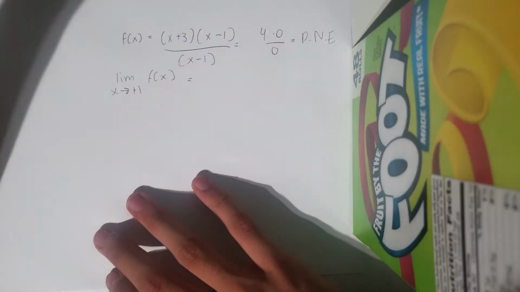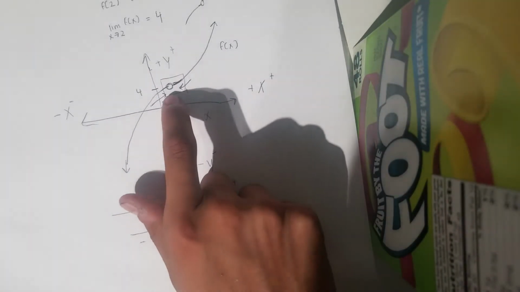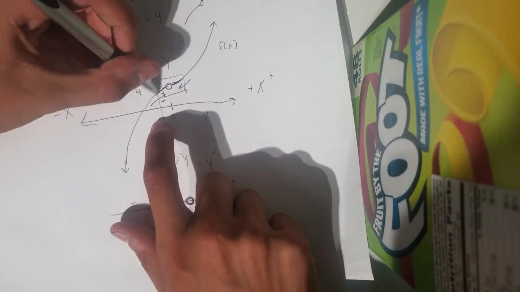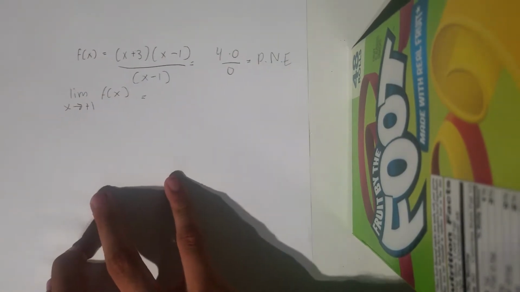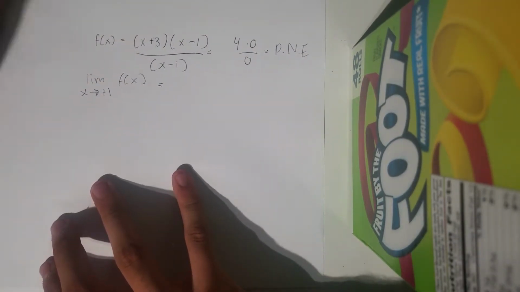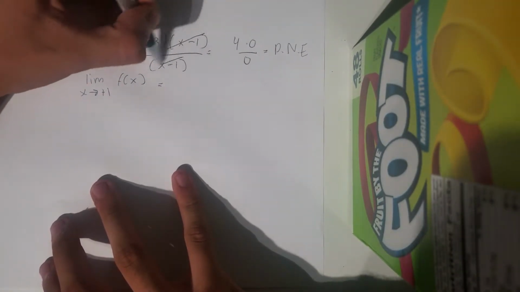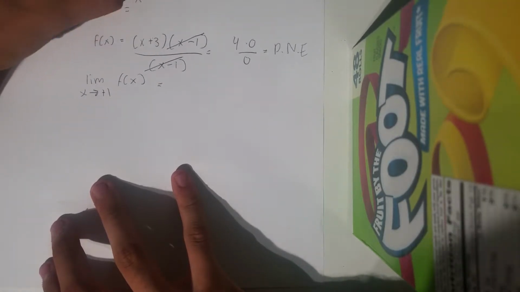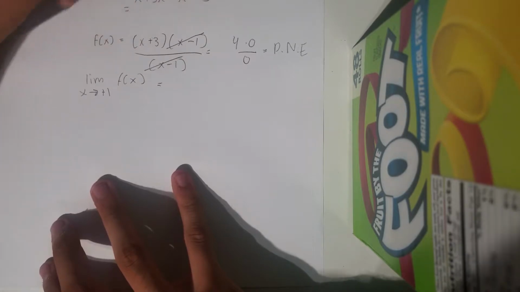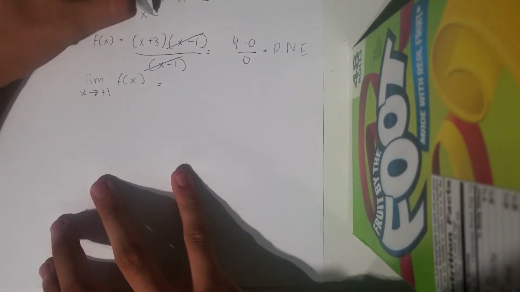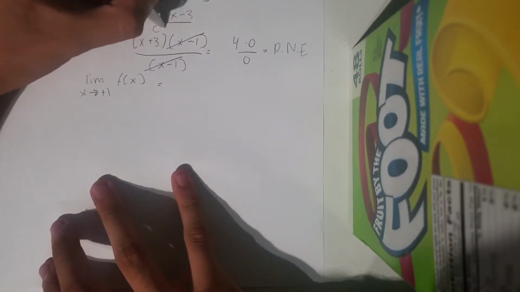But obviously, from what we learned, it doesn't exist at that point, but it can have behaviors indicating that there would be a value there if it were not something over 0. So what we can do is use factoring. Let's say this equation was first x squared plus 2x minus 3 over x minus 1.